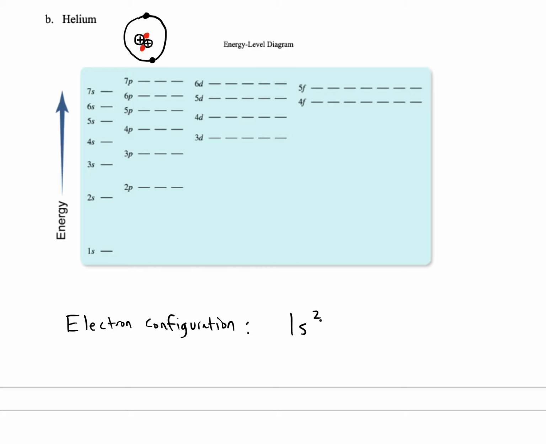And the 2 tells us that there are 2 electrons in the 1s shell. To show that visually, we'll do an up arrow and a down arrow. And that's all we have to do for helium. We can see that the 1s orbital is complete. It can only hold 2 electrons, and it has 2 electrons.